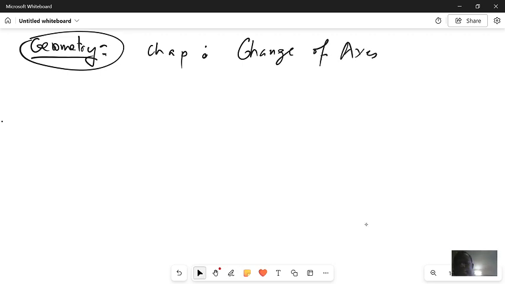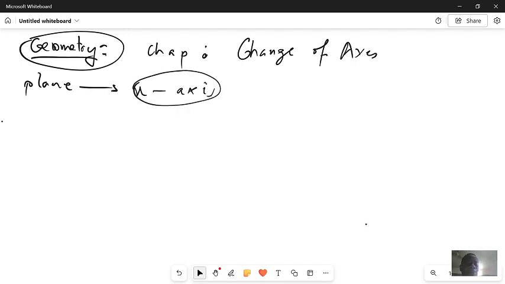First, we have to know what is a plane, axis plane. An axis plane is defined either by the x-axis when we are in one dimension, or it can be with two dimensions, which can be the x, y axes.